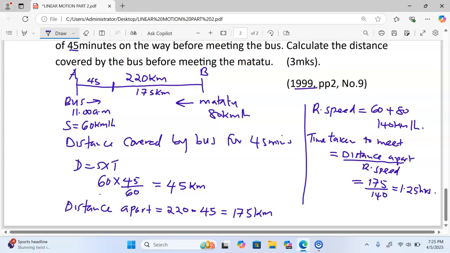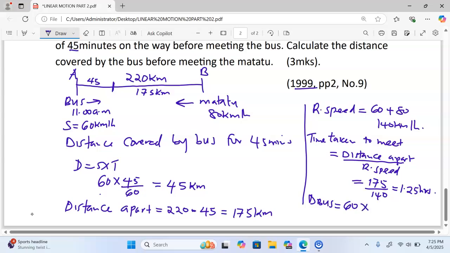Once we have the time taken for the two vehicles to meet, we can calculate the distance covered by the bus before meeting. So how do we get the distance of the bus? We take the speed, which is 60 kilometers per hour.